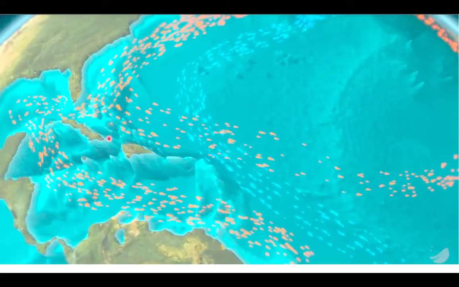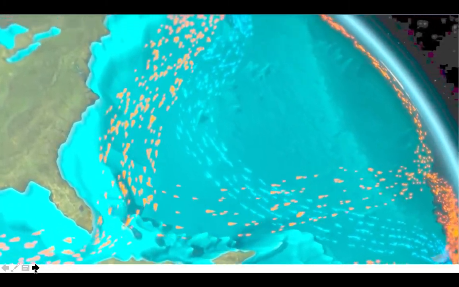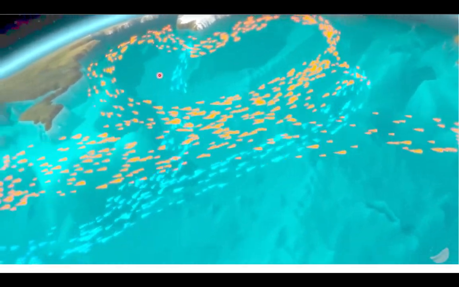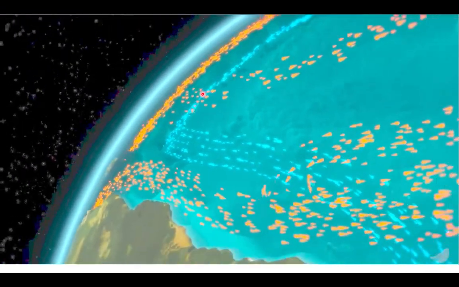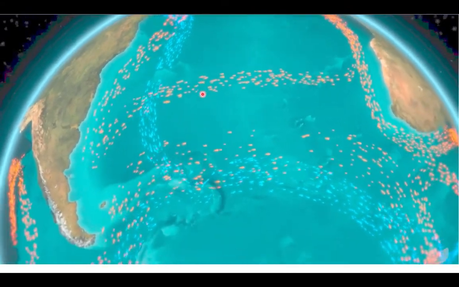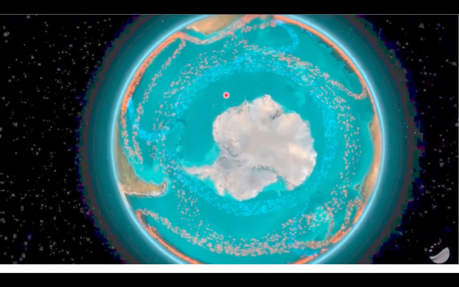Now here we have a typical video of how this whole circulation, thermohaline circulation, works. I will discuss this thermohaline circulation in detail. So here the orange one is your surface currents, and you can see this surface current is turning into a cold current which is moving on the ocean floor. It is moving all across the globe on the ocean floor, and at some point it comes to the surface and again it will sink.